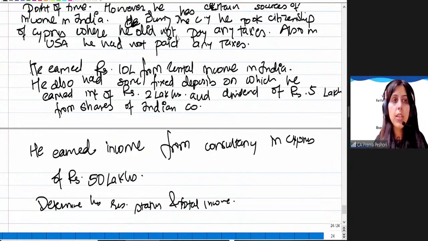I'm covering only the non-resident taxation part. I'll share the PDF and these notes again for revision, Jitender. Thanks, Ravi. Thank you, Neil. Thanks, Komati.